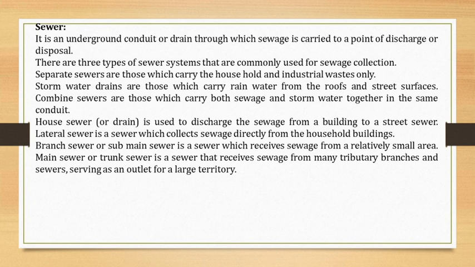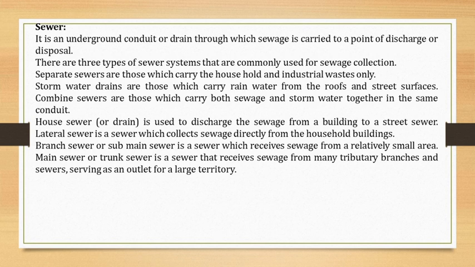So separate sewers are those which carry the household sewage separately and industrial waste separately. Okay, that means we can't mix industrial waste into the household waste or domestic waste. So it is important to transport the industrial waste separately, and we need to transport the domestic waste separately. It is not possible to mix industrial waste into domestic waste, because that would change the characteristics of domestic waste.